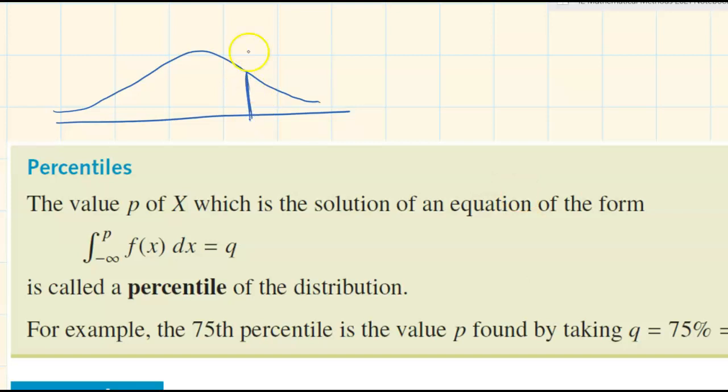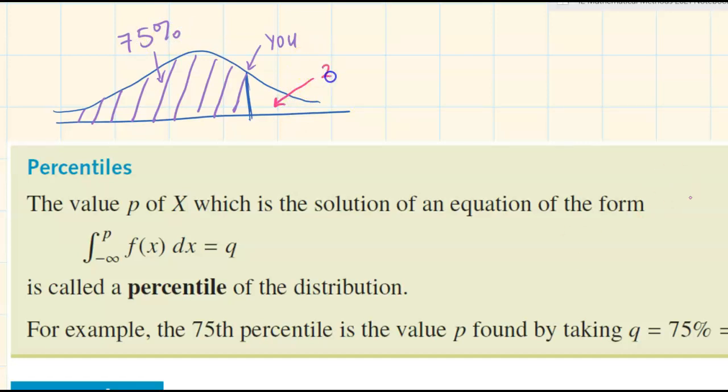and we are saying that this is you, and this area underneath the curve is 75%. So what area is to the right of you? 25%. Good.